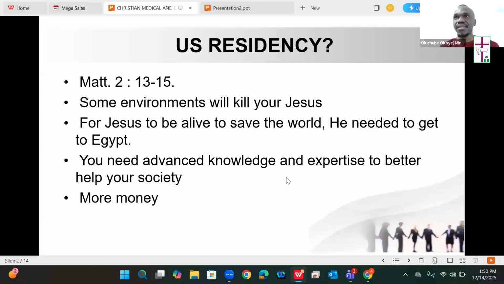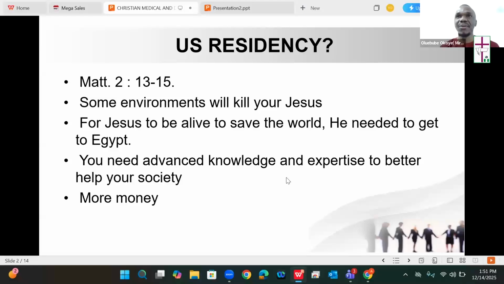Ever since I started residency in the US, I have seen a lot of things that I believed were never possible become possible. As a medical student, there are things we read in books those days and we'd say, this is actually not possible, this is just textbook information. But as a resident doctor, I've been able to look at and practice some of these things and see them being done, not just read about them in a book.